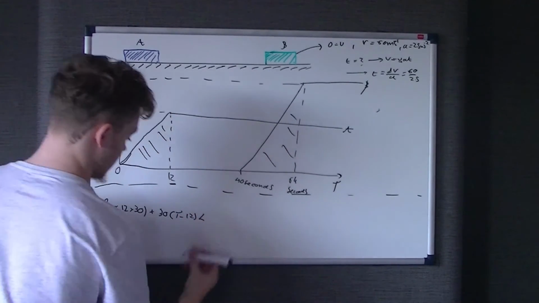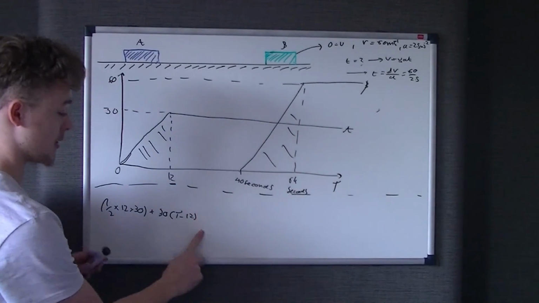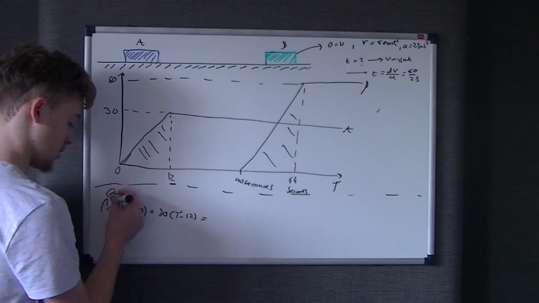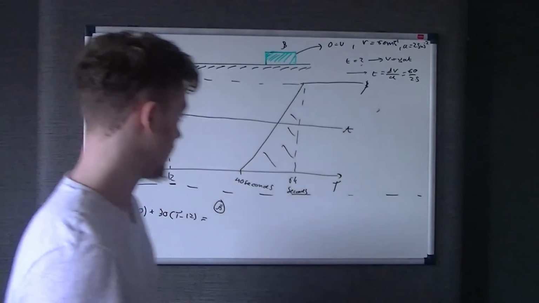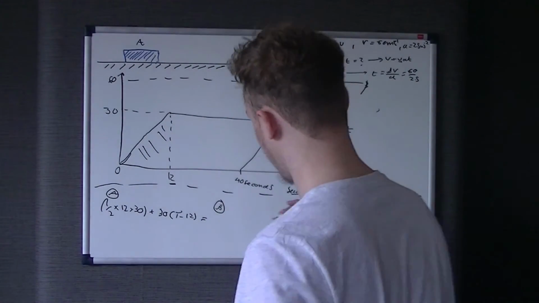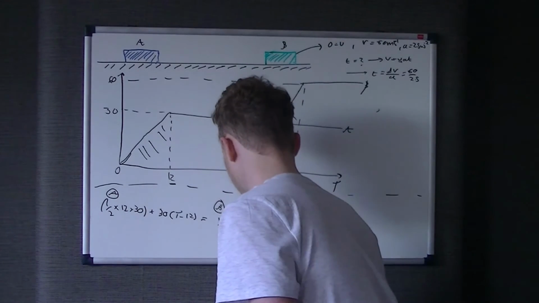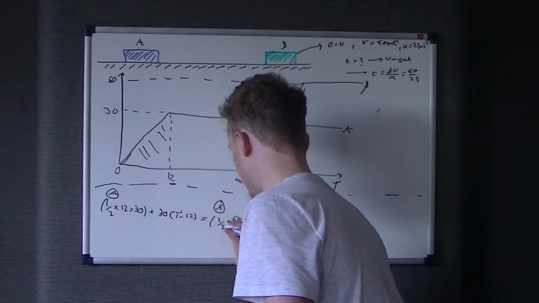Okay, and then we need to make the distance covered by B greater, or you can make it equal to, and then say after this point, B is greater, okay? So this is the distance covered by A, and this is the distance covered by B. So we do the same thing, so work out the area of this triangle, which is a half times the height 60, and it's 24 seconds that it takes to reach that speed, so it's a half times 60 times 24.